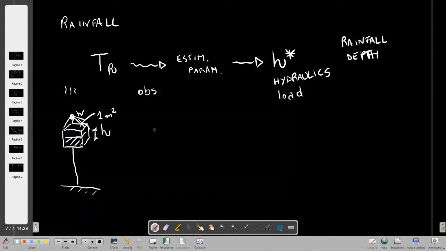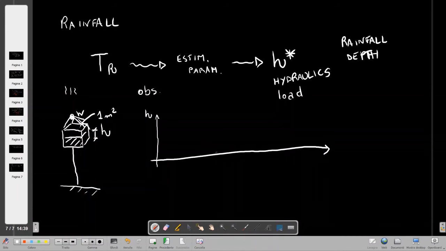Then during the time, I can try to get a kind of variation of the rainfall depth within this box along the time. So when it does not rain, I have no variation of the rainfall depth.